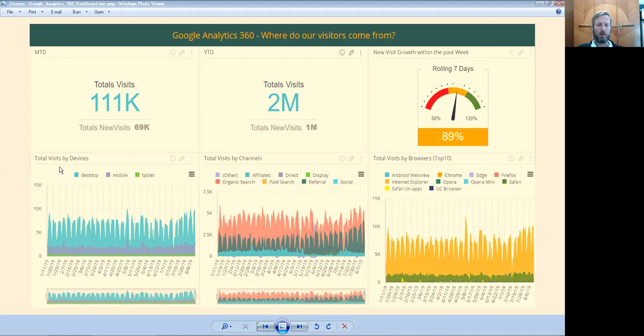For instance, total visits by device: desktop, mobile, tablet; visits by channels: affiliate channels, direct connection, display ads, organic search, paid search, referrals, or social media. What are the top browsers? The top 10 browsers: Opera, Chrome, Edge, Android, or whatever. And then they also give you the increase in visits compared to the previous years.